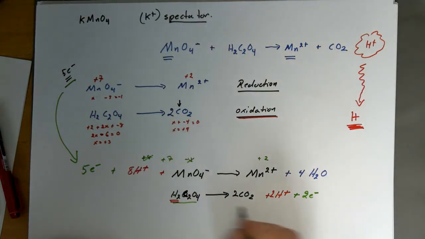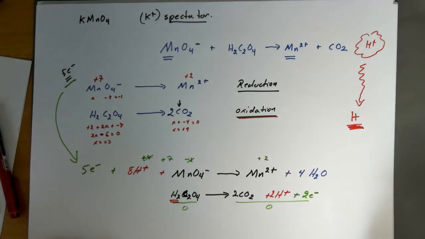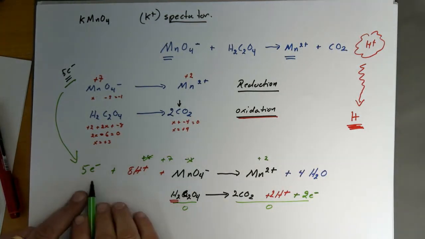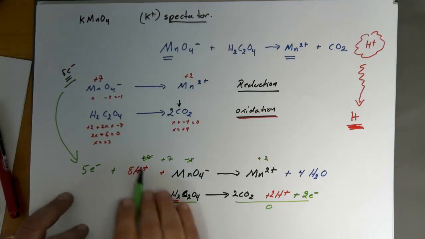Now we can see that there's no charge over here, and the total charge over here is 0 as well. So on both sides there's an equal number of charges. Notice also that the electrons always end up on the same side of the chemical reaction as the H+.